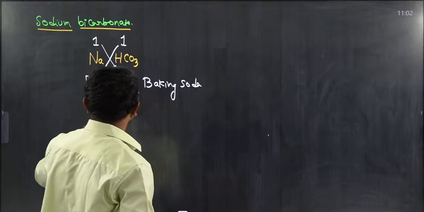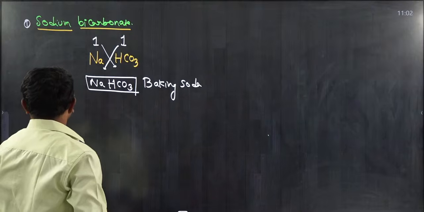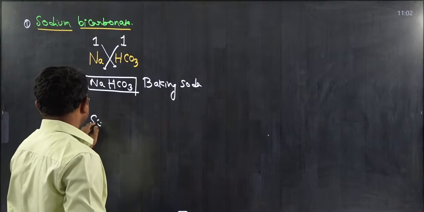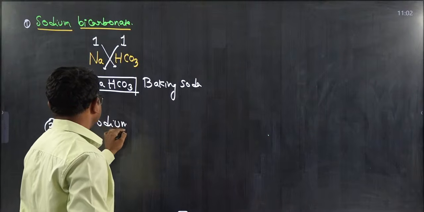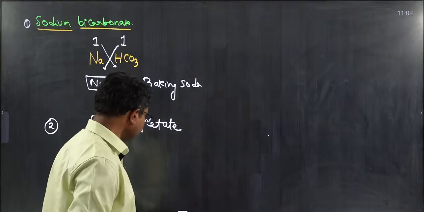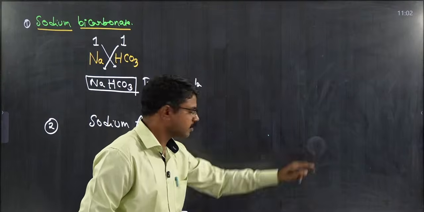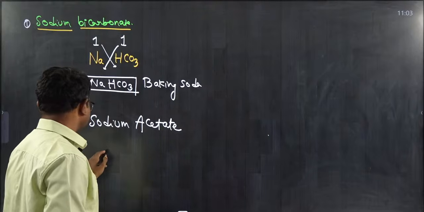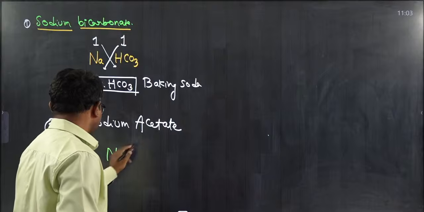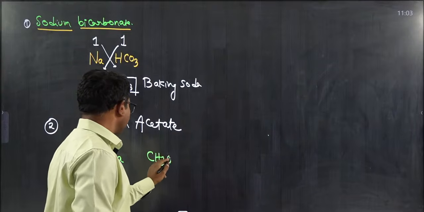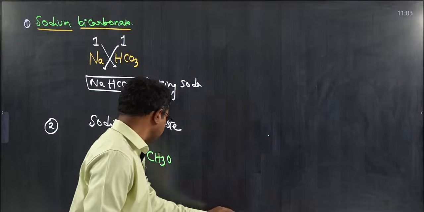So the second compound, sodium acetate. Very good. Sodium acetate, as I need to write the symbol of sodium as Na, and acetate symbol I have given in last class, CH3COO minus.